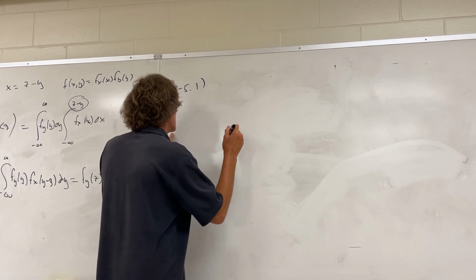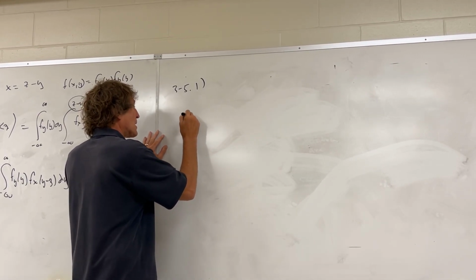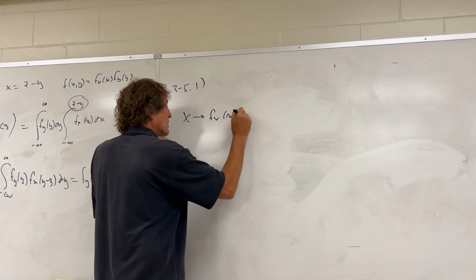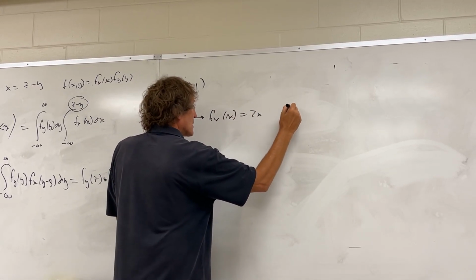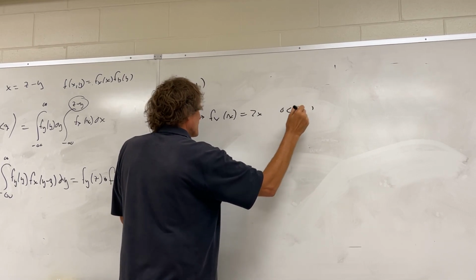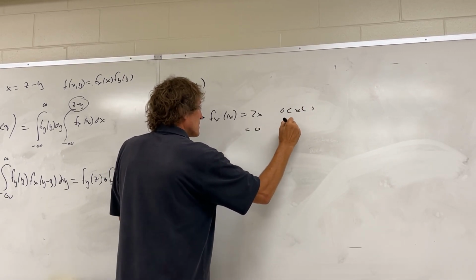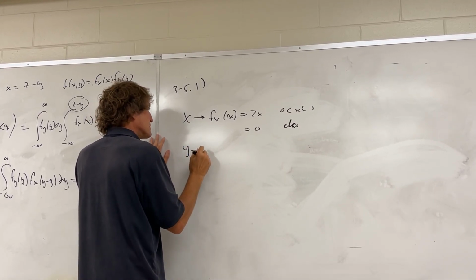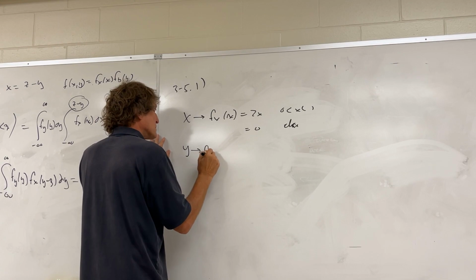Go ahead. Okay, so you have a random variable x with a probability density function f(x) equals 2x for x greater than 0, less than 1, and 0 elsewhere. And an independent random variable y is uniformly distributed between -1 and 1.